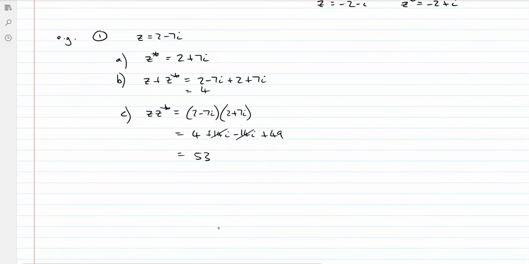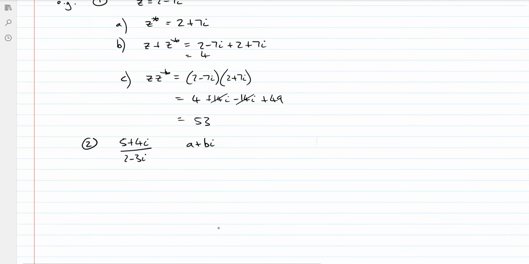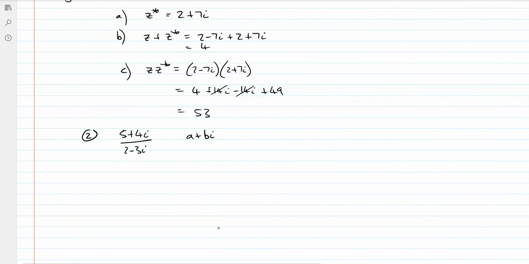That's question 1. Question 2. So write 5 plus 4i over 2 minus 3i in the form a plus bi. So we want to write this as a single complex number rather than one complex number divided by another complex number. The way that this works is very similar to rationalizing the denominator when we're simplifying surds.